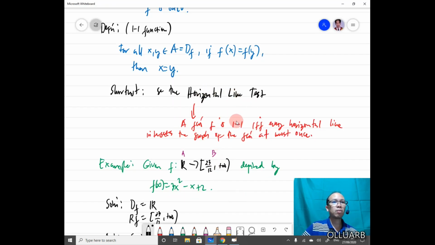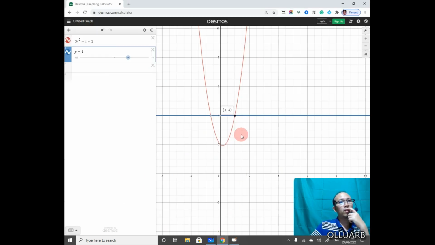So by the line test, but again, you cannot use this test in the formal solution. So all you have to do is to verify that it is not one to one. What we will do here is find a value where the images are equal, but the points in the domain are not equal. Okay, so what is that value? Just one example.